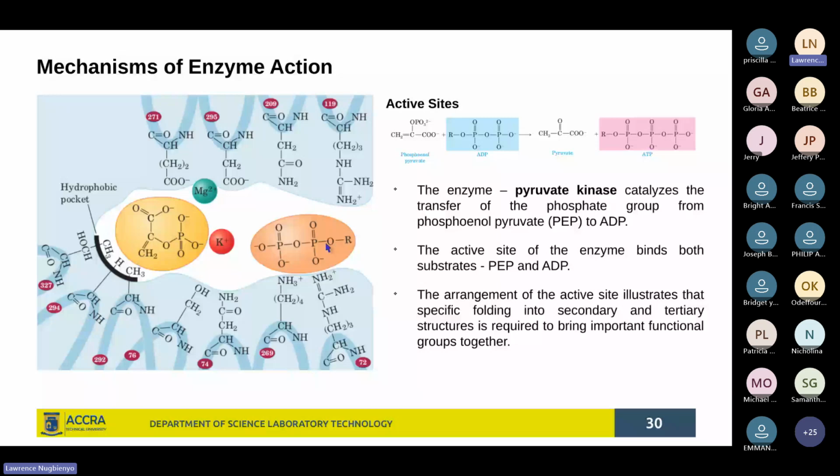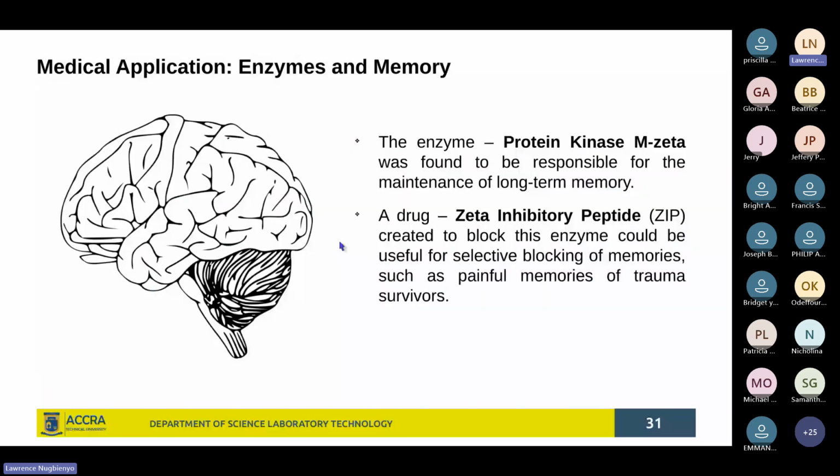So this is just an image to depict how metal ions like magnesium and potassium can act as cofactors, and how you can have a transfer of one phosphate group, say from phosphoenol pyruvate, onto adenosine diphosphate to synthesize ATP. Right.